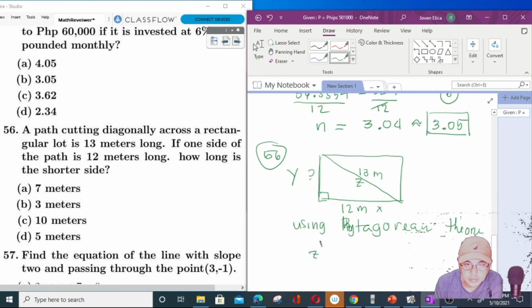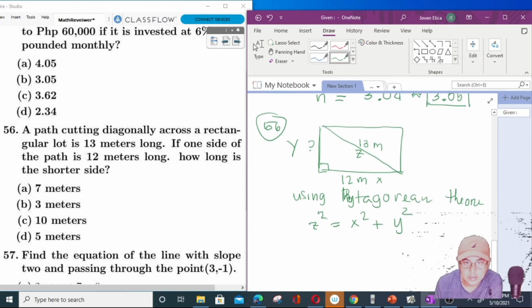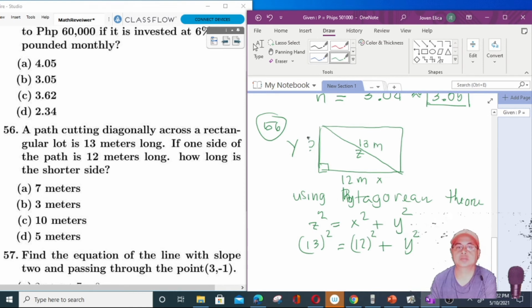From the Pythagorean theorem, z, the longest side, the hypotenuse, is equal to the adjacent x squared plus the opposite. So substituting the value of z, 13 squared is equal to x, which is 12 squared, plus y squared, this is what we are looking for, the shorter leg.